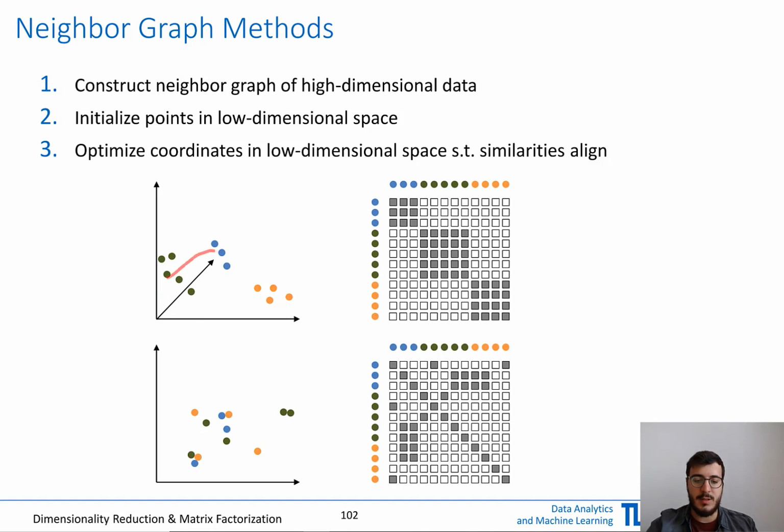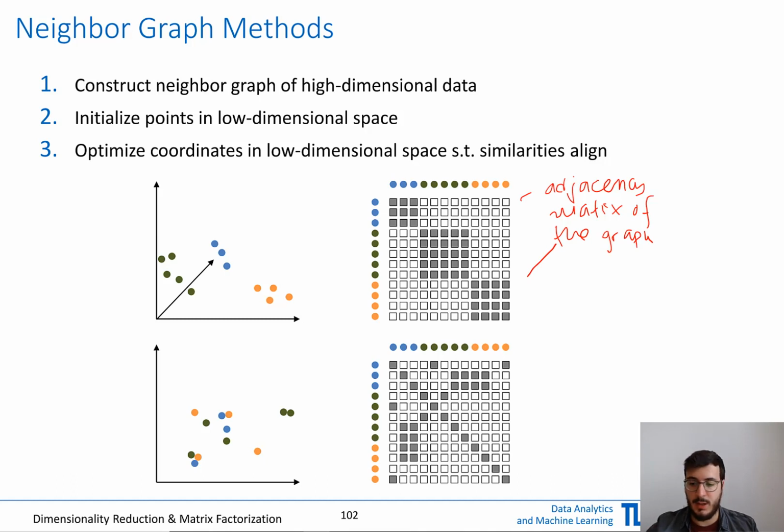We compute the distances to all of the other points, and we put them into this n by n similarity matrix. Or another way to think about this, that this is the adjacency matrix of the graph I was talking about earlier.